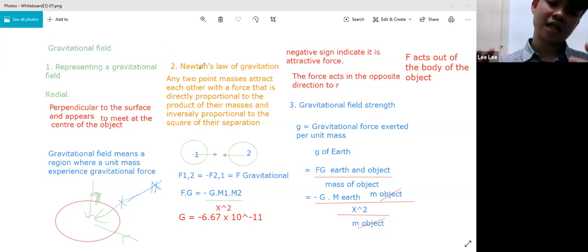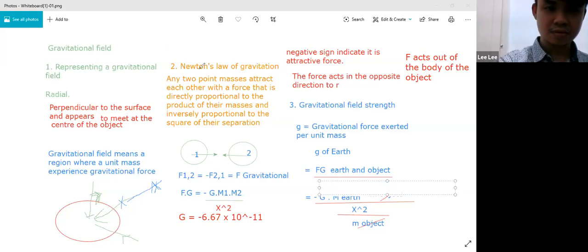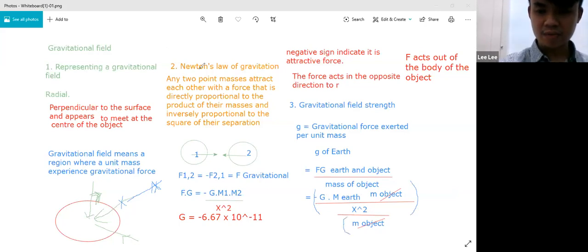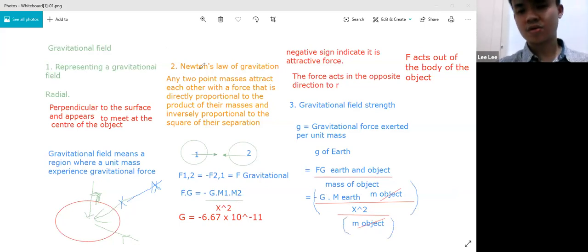So I have to take the gravitational force between Earth and the object, and divide by the mass of the object. Here you can see the gravitational force formula is given by this. Then I divide by the mass of the object, so the mass of the object gets cancelled.